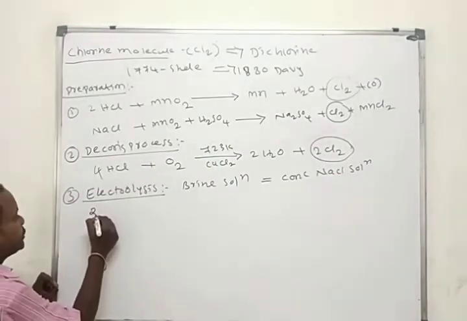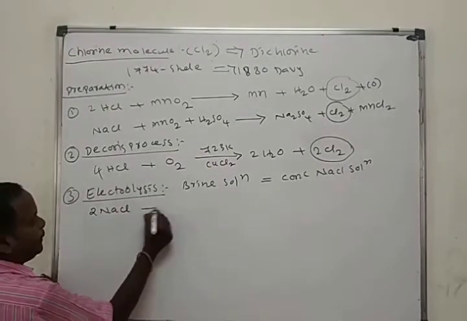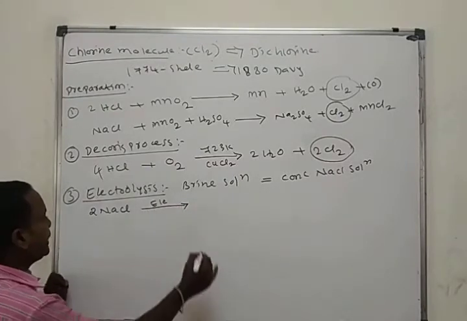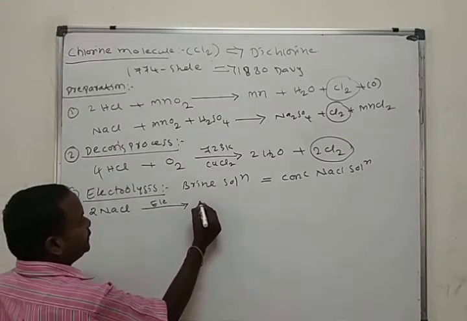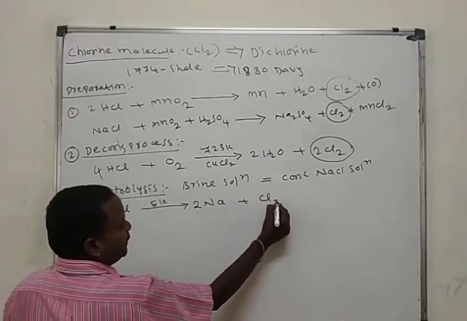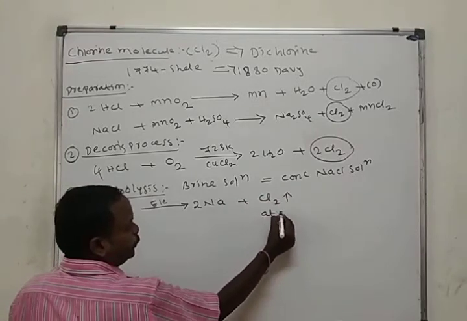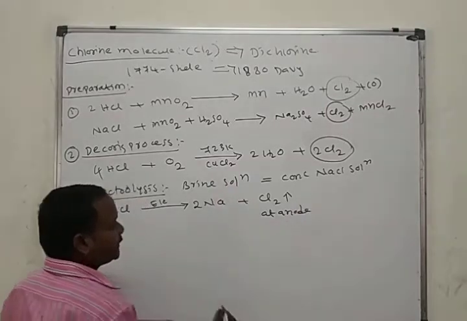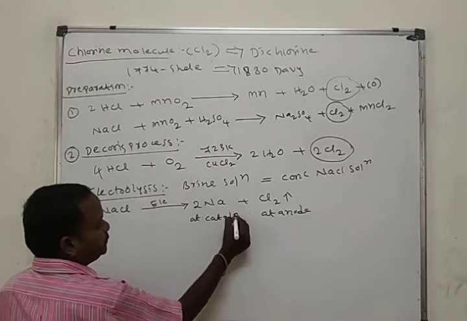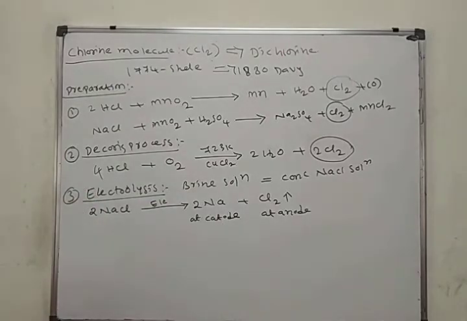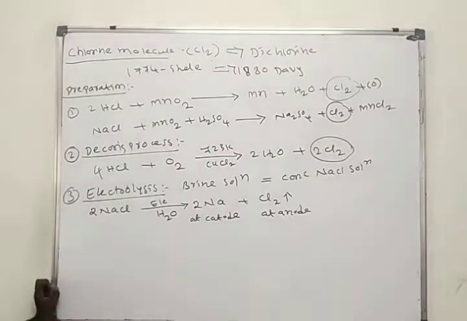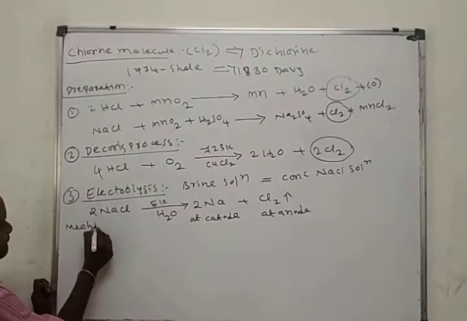You take the brine solution and pass the electricity. What happens? It dissociates, and we get chlorine gas at the anode and sodium at the cathode. Since it is a sodium chloride solution, you add water. What is the mechanism for this reaction?